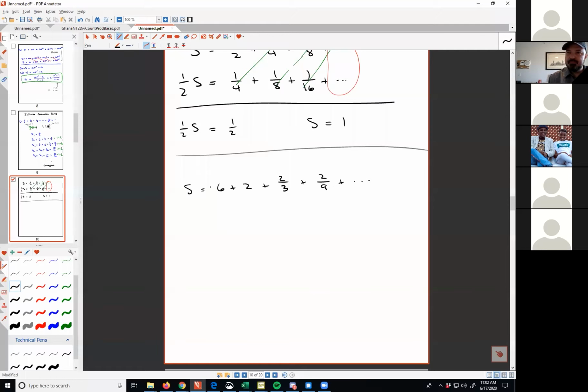Okay, then we can find the common ratio. And what is that? That would be divided by 3, so 1/3. Good. How do we make use of that common ratio? We multiply the S by 1/3.